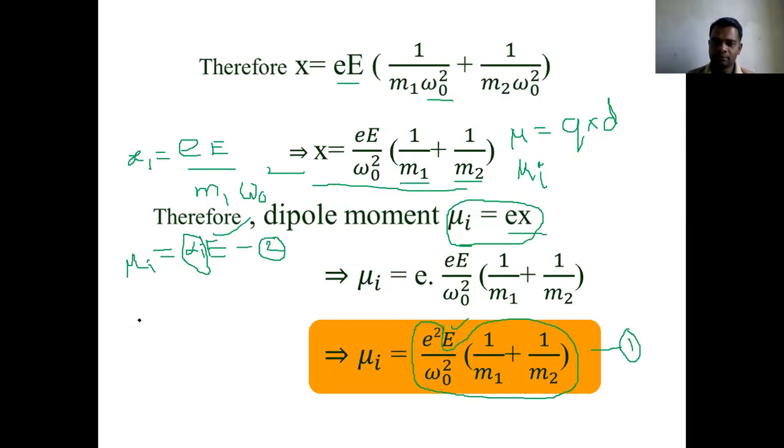Therefore, ionic polarizability alpha I is equal to e square by omega naught square into 1 by m1 plus 1 by m2. Are you understood? Is there any confusion?